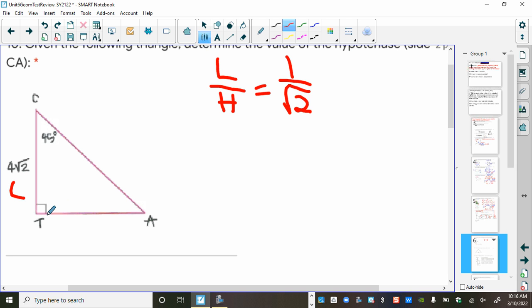Alex and Jason are right. So right away, what can we replace, the L or the H? L. And the H you're going to replace with an X because we don't know what the hypotenuse is yet. Write an X.